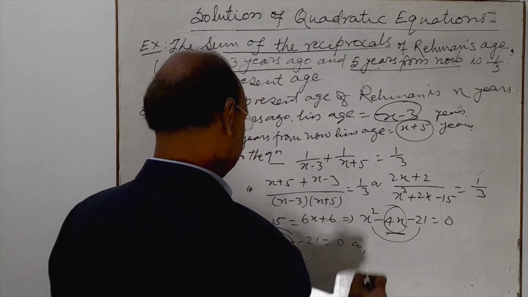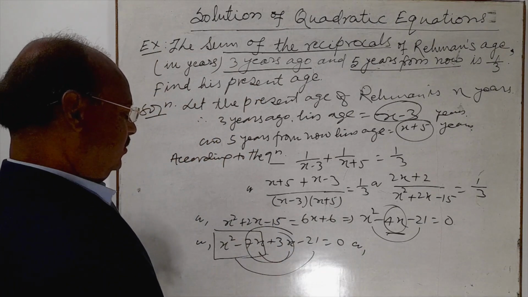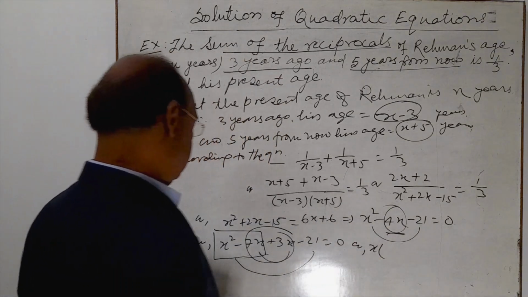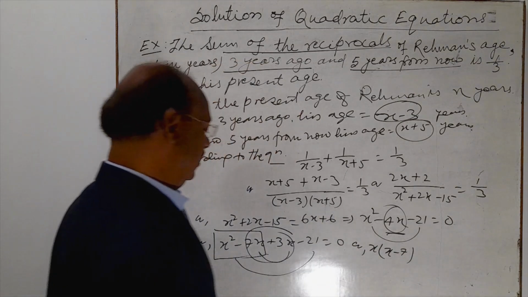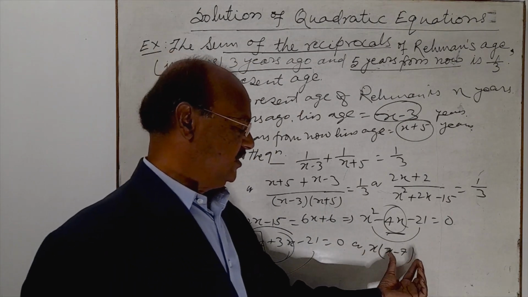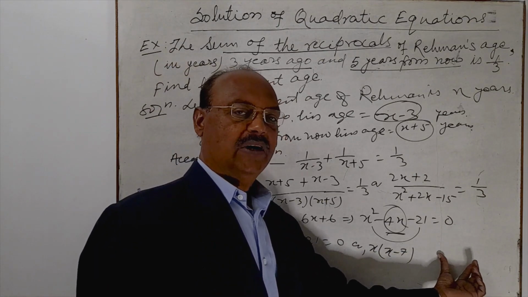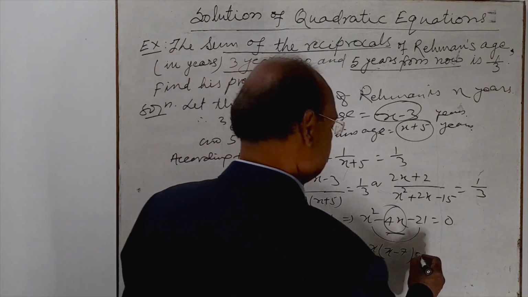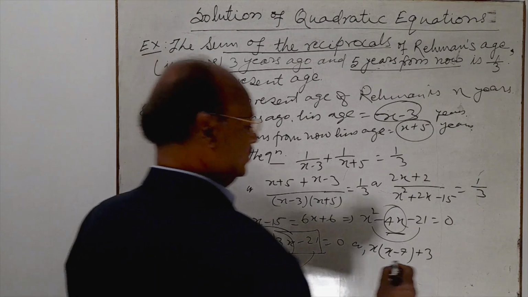Now you will take common from these two terms. What is common here? X is common. The remaining part is x minus 7. And this expression inside the bracket, x minus 7, should be in the other part also. Now taking 3 common in these two terms, 3 is common.